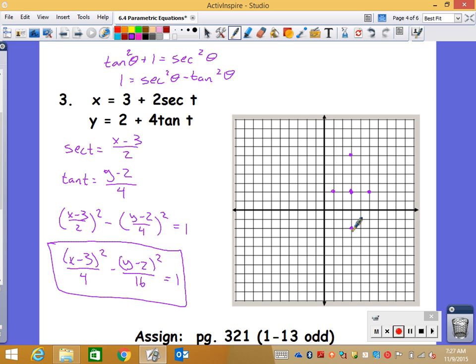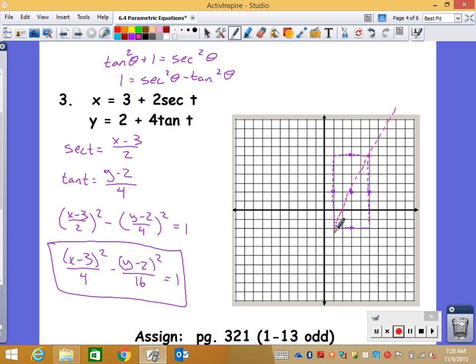Now, normally, if we were doing an ellipse, we'd connect those dots with an oval. We're doing a hyperbola here, though, because we're subtracting these. So my first order of business here is I'm going to make a box with these points that I just drew. Alright, and with this box, I'm going to make my diagonals.